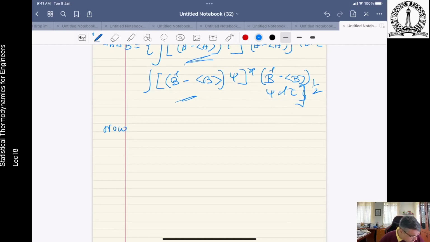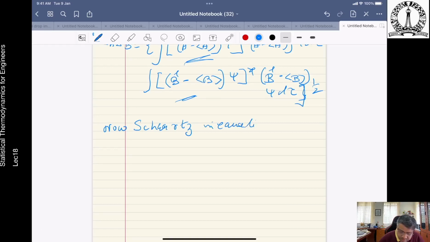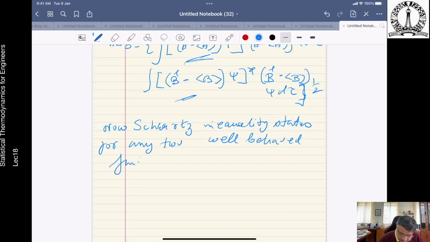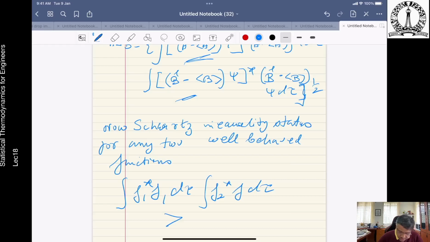Now, the Schwartz inequality states that for any two well-behaved functions, this should be valid: the integral of F1 star F1 into the integral of F2 star F2 should be greater than or equal to the mod of the integral of F1 star F2, squared.